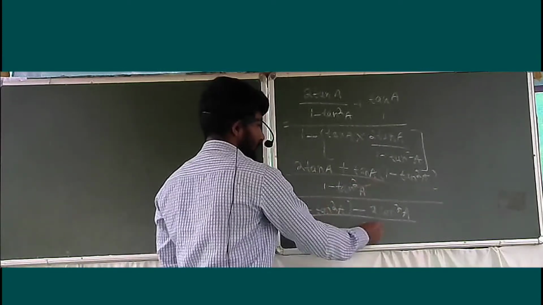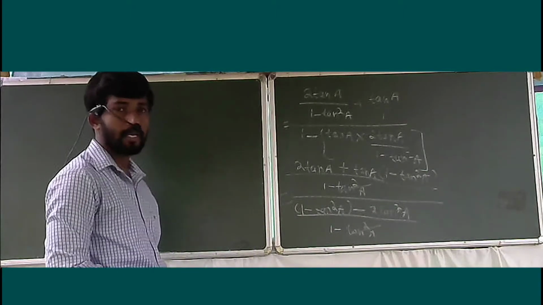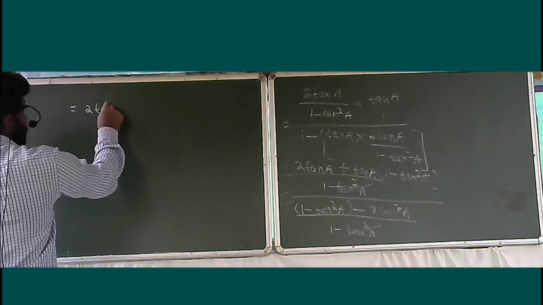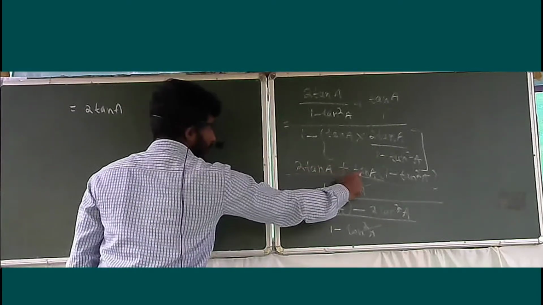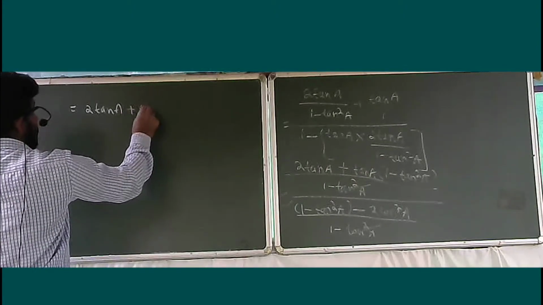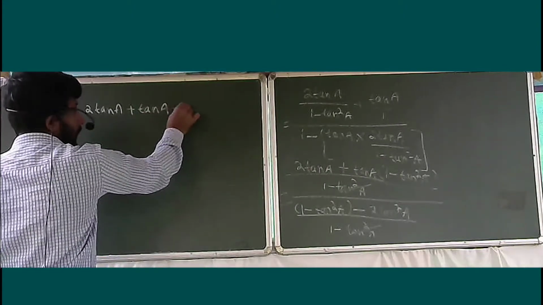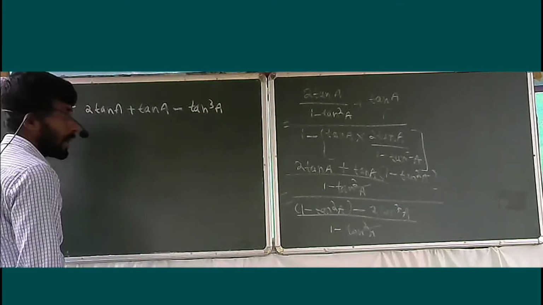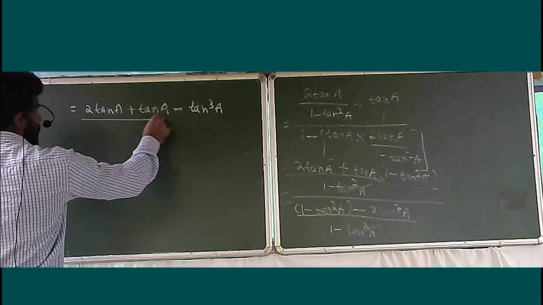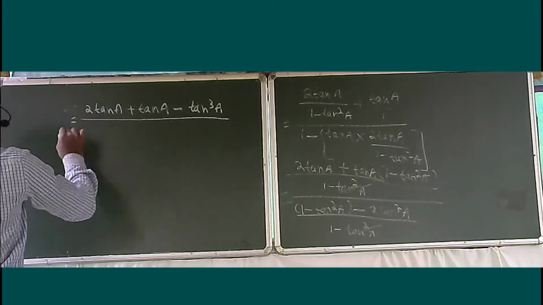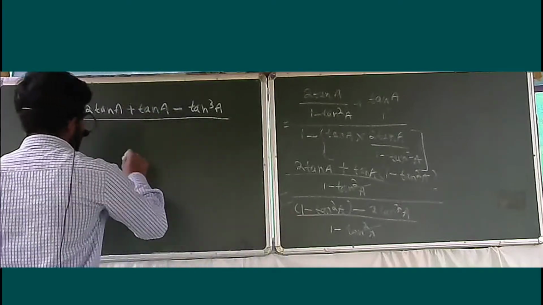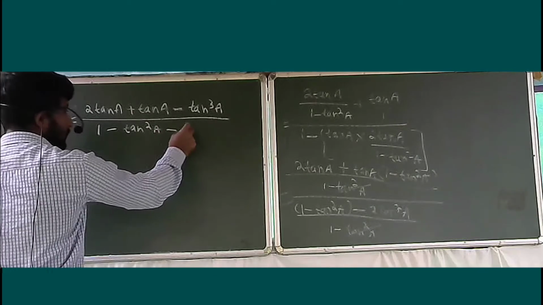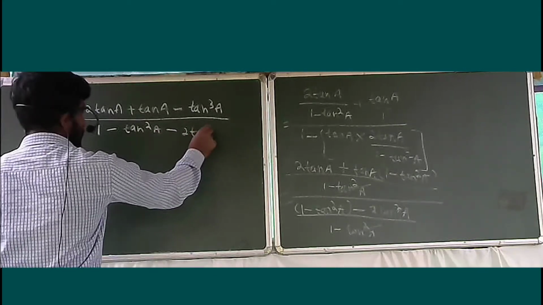Okay, 1 minus tan square a, 1 minus tan square a get cancelled. Simplify, it's equal to 2 tan a, multiply tan a into 1 is plus tan a minus tan cube a, right? Tan square a into tan a is tan cube a, divided by 1 minus tan square a minus 2 tan square a.